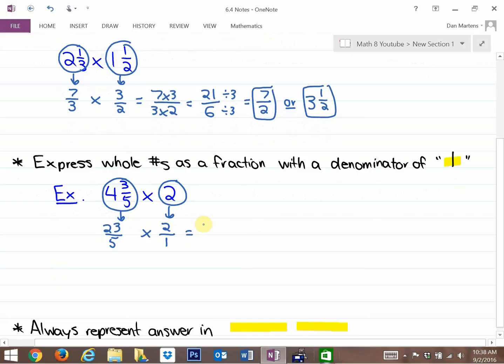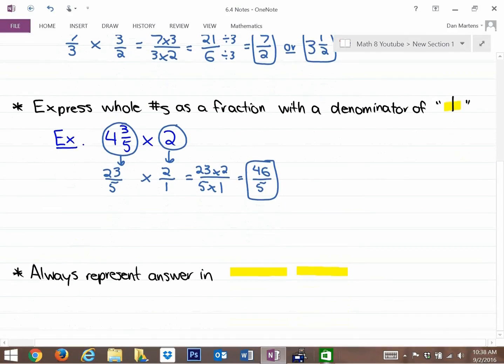And now we can multiply the numerators. 23 times 2 is 46. And multiply the denominators. 5 times 1 is 5. And in this case, they can't be reduced. Nothing goes into both 46 and 5 commonly. So our last thing here is, if you can, always represent your answer in lowest terms.